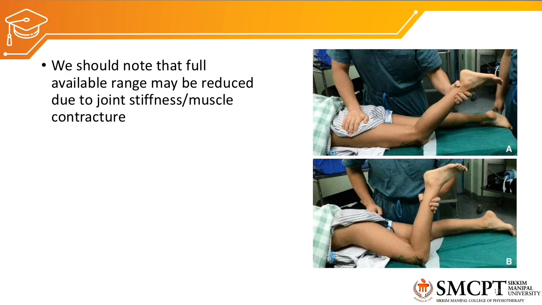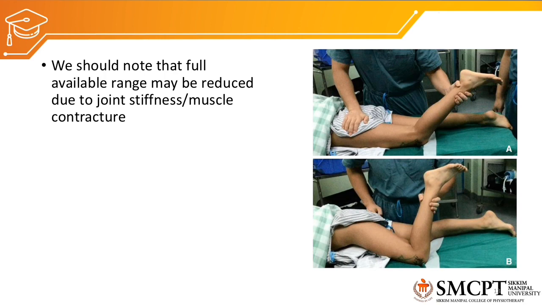We also need to remember that the available range may not always be full, that is, normal. In case of muscle tightness, for example, you can see in this picture the quadriceps muscles are tight. Therefore, the therapist is trying to complete the passive range of motion of knee flexion, but because of the tight rectus femoris, the patient is going for a trick movement of flexion of the hip, trying to reduce the stretch on the rectus femoris.